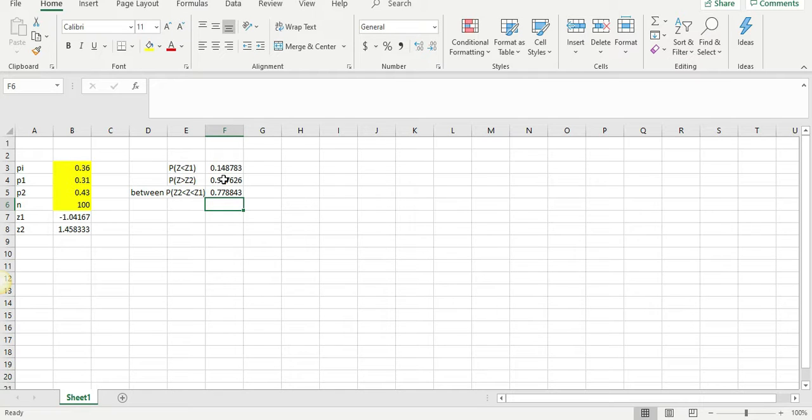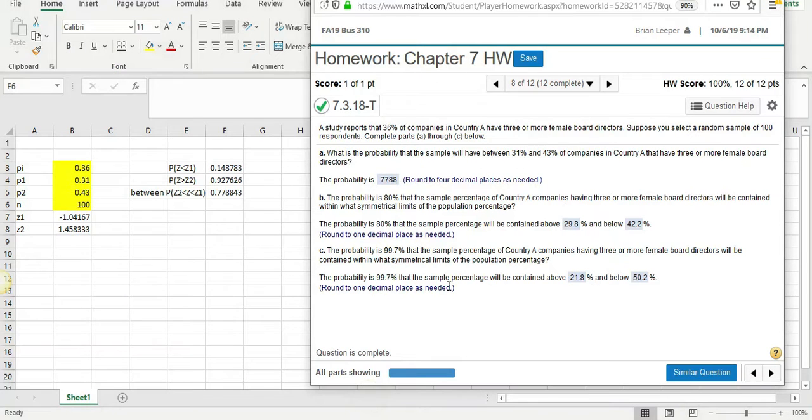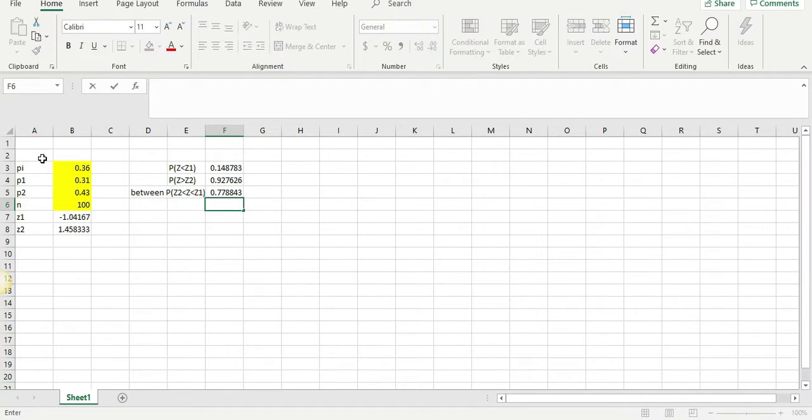So that should be our number. For my points given, it should be 0.7788. Alright, so that's the first one. This is part A for this problem.